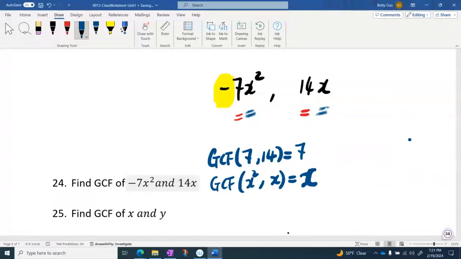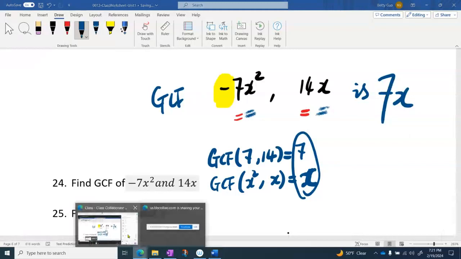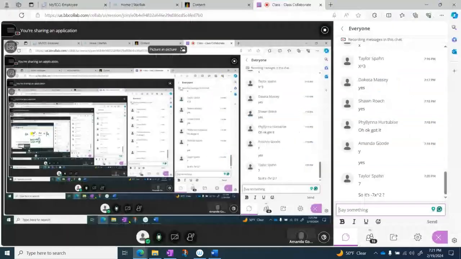So altogether, combined, the GCF of negative 7x squared and 14x is 7 times x. We do it by parts. It is negative, but we do not consider the sign. It is not x squared, though, Taylor. GCF of x squared and x is x.